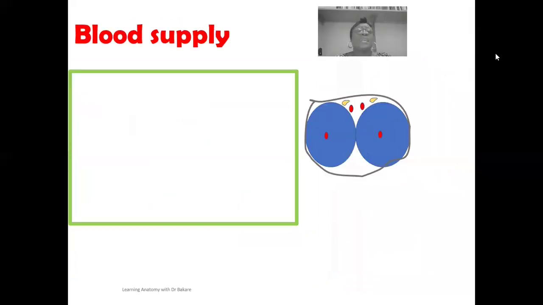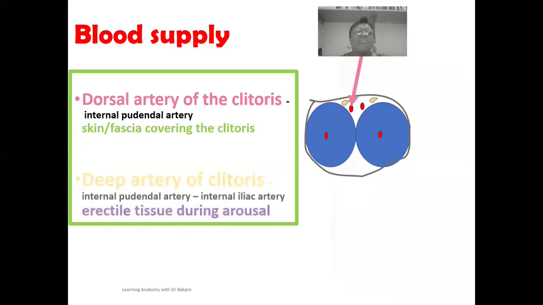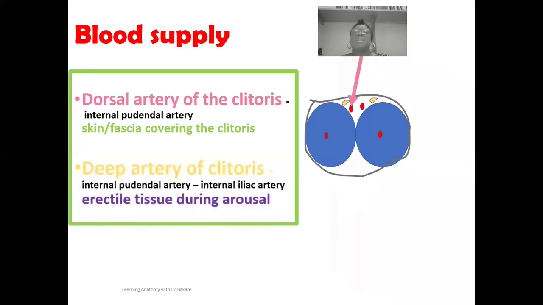So now let's look at the blood supply of the clitoris. Clitoris is supplied by the dorsal artery of the clitoris. This dorsal artery of the clitoris is what is arrowed here in pink. You see this artery as an emergence from the internal pudendal artery. This artery is what gives supply to the skin and also the fascia covering the clitoris. Then we have the deep artery of the clitoris, that is an emergence from the internal pudendal artery.